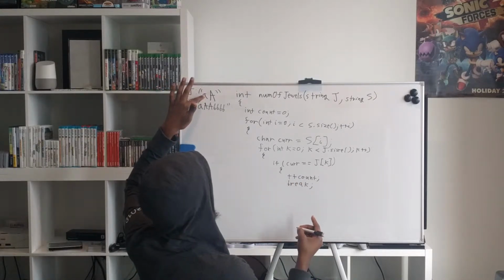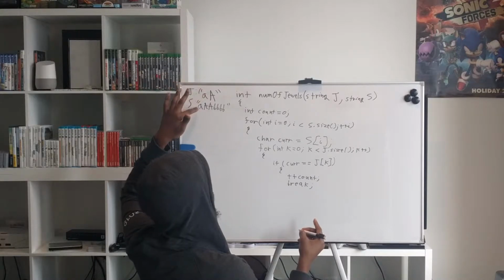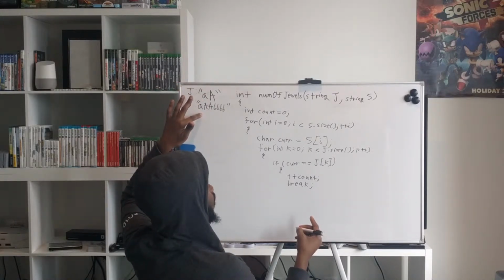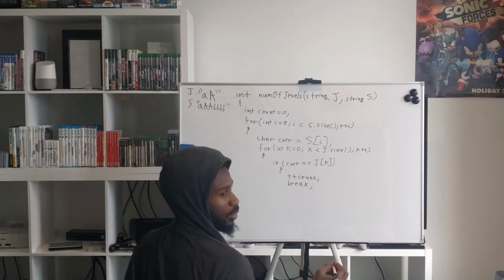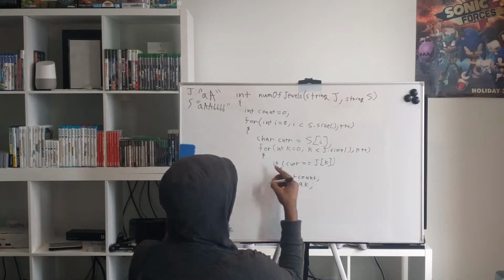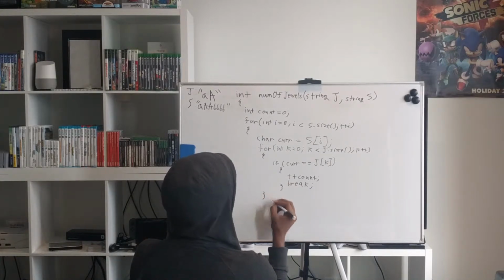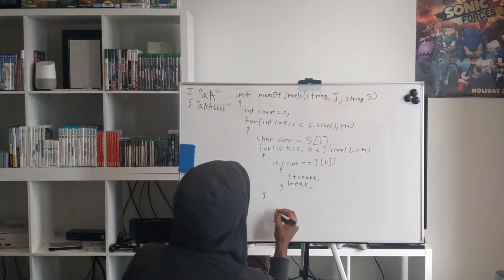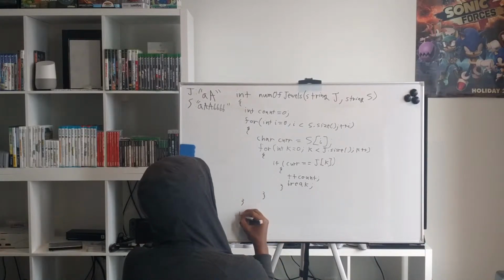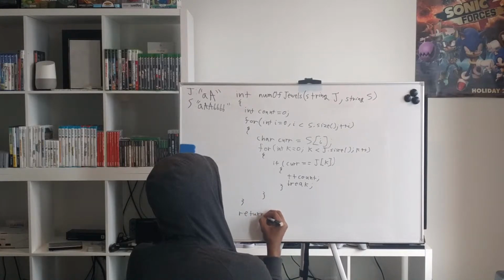So if we find that this particular character happens to match whatever character we were analyzing in this set or string, then we can just break because we increment count, we know it's a jewel. And then we continue. And then at the very end, close this out. At the very end, we just want to return this count.